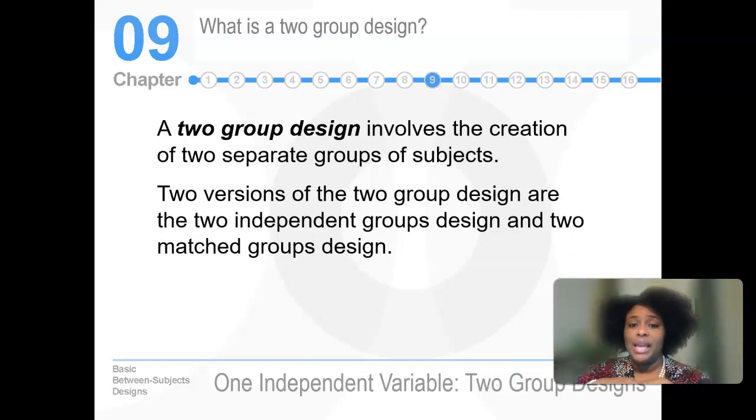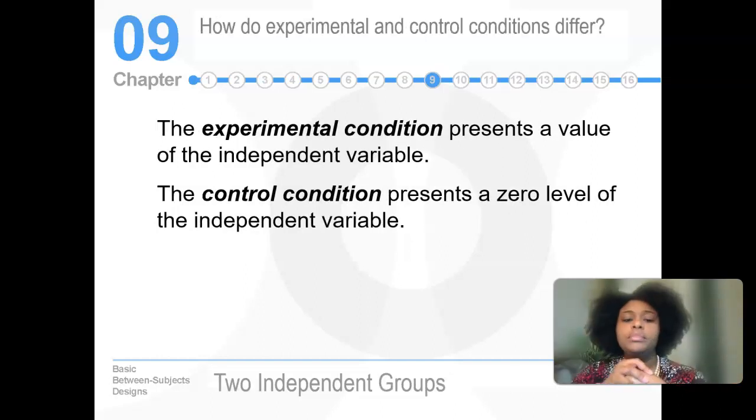A two-group design involves the creation of two separate groups of subjects, and there are two versions of the two-group design: two independent groups, and matched groups.